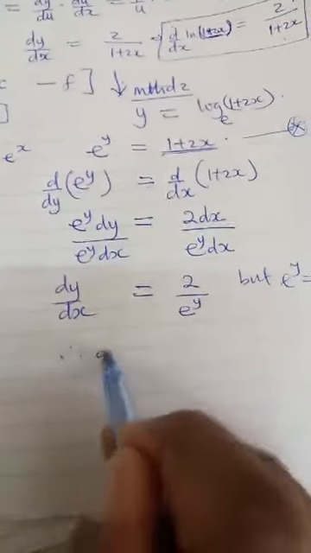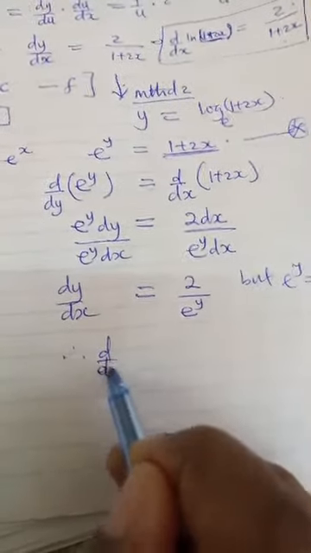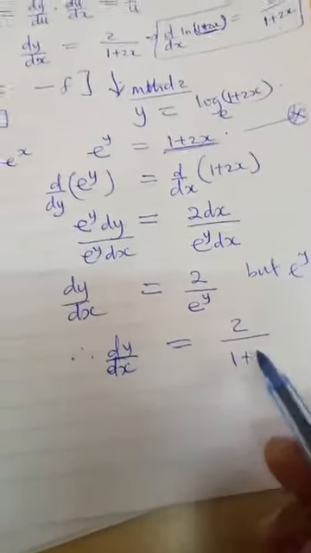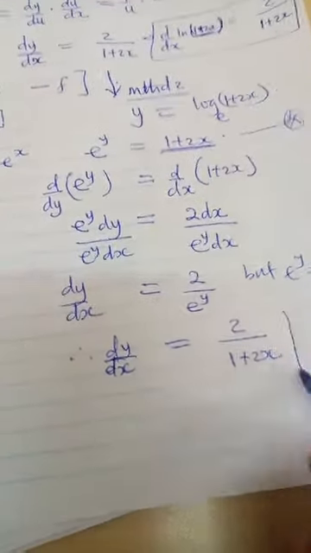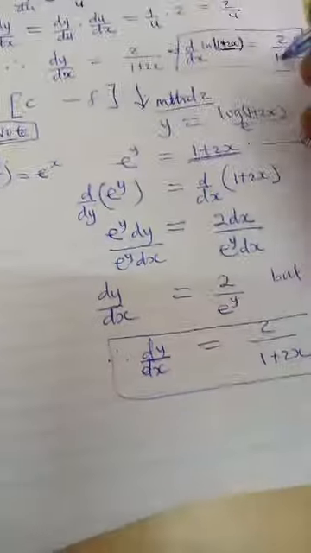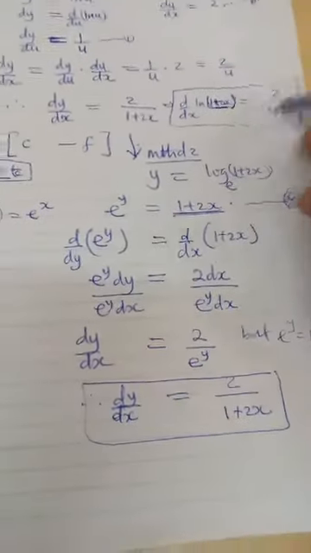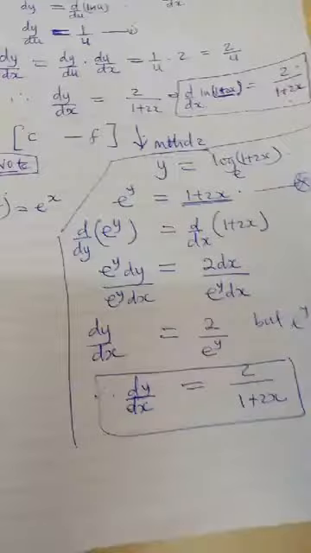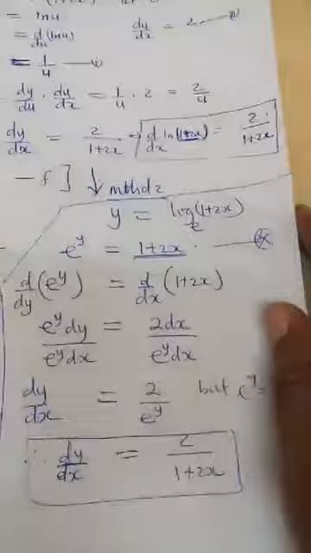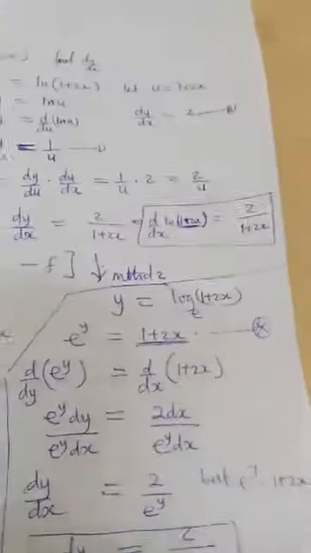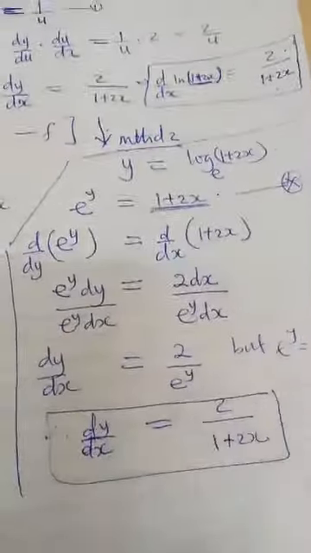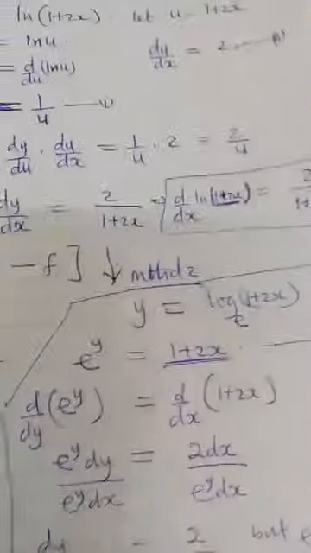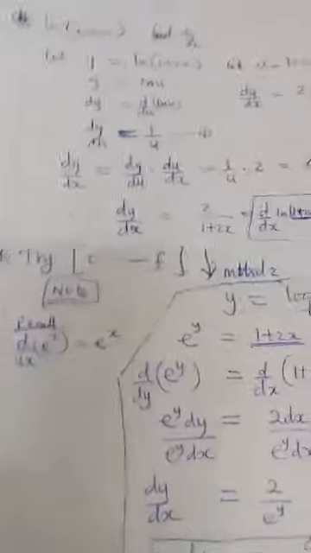Therefore, your dy by dx becomes 2 over 1 plus 2x, as already obtained in another method. So there are several methods that one can employ. We can employ the chain rule by substitution, and we can use that to still be able to get that method.